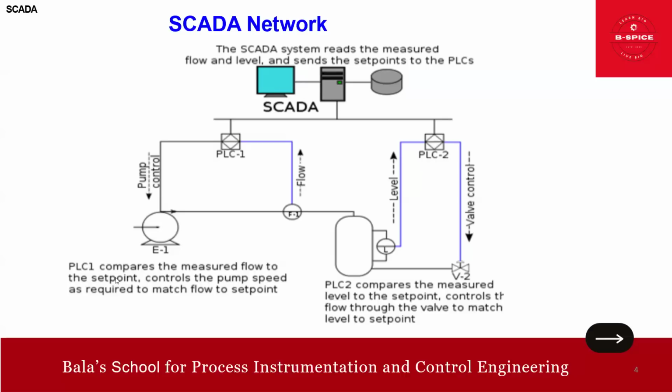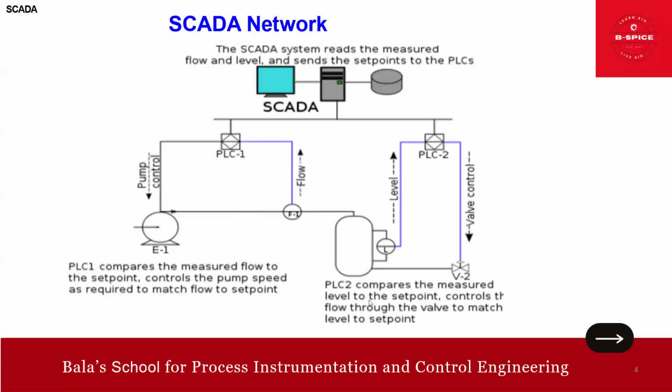If you see here, PLC1 compares the measured flow to the set point sent to the PLC by the SCADA system, and controls the pump speed as required to match the flow to the set point.